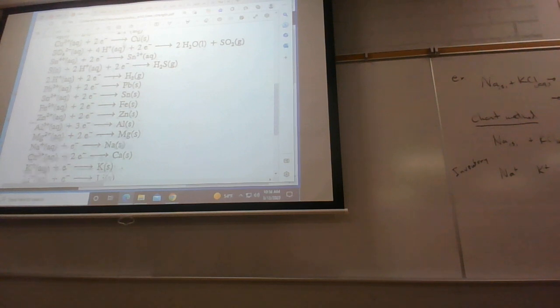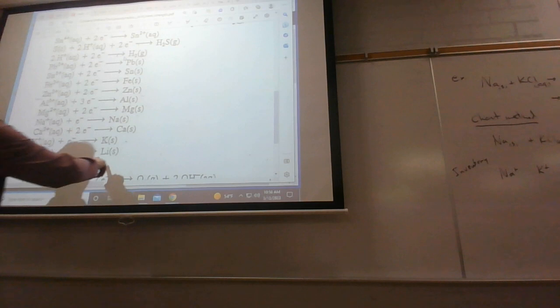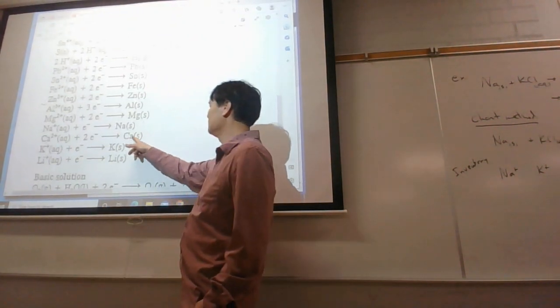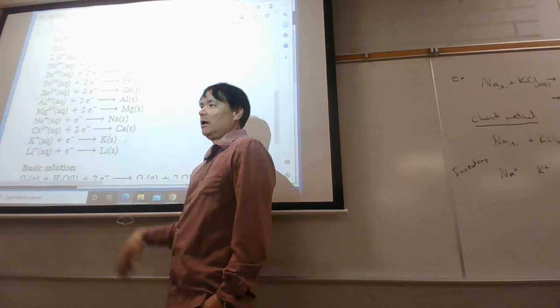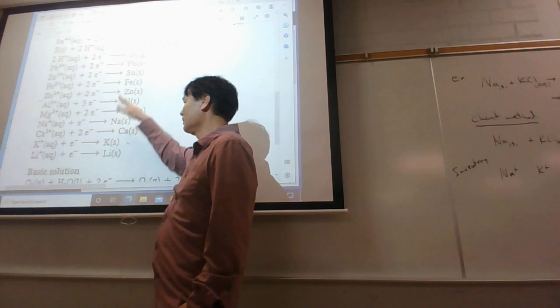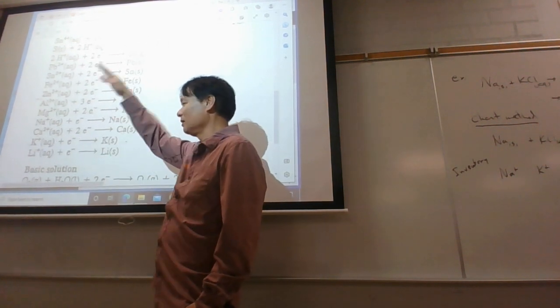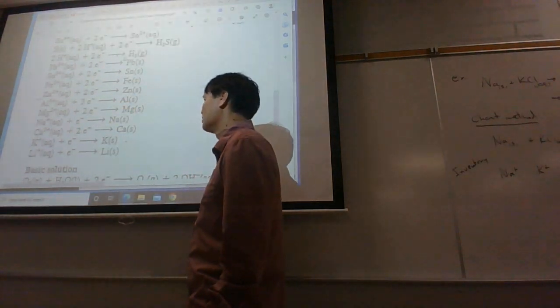Yes, it's just upside down. We have an upside down activity series here. Lithium, potassium, this is the activity series. So if we're using the activity series, we have to invert our way of thinking. Rather than going down like we did over there in the activity series, we have to go up, because up is the downhill in terms of the activity series.